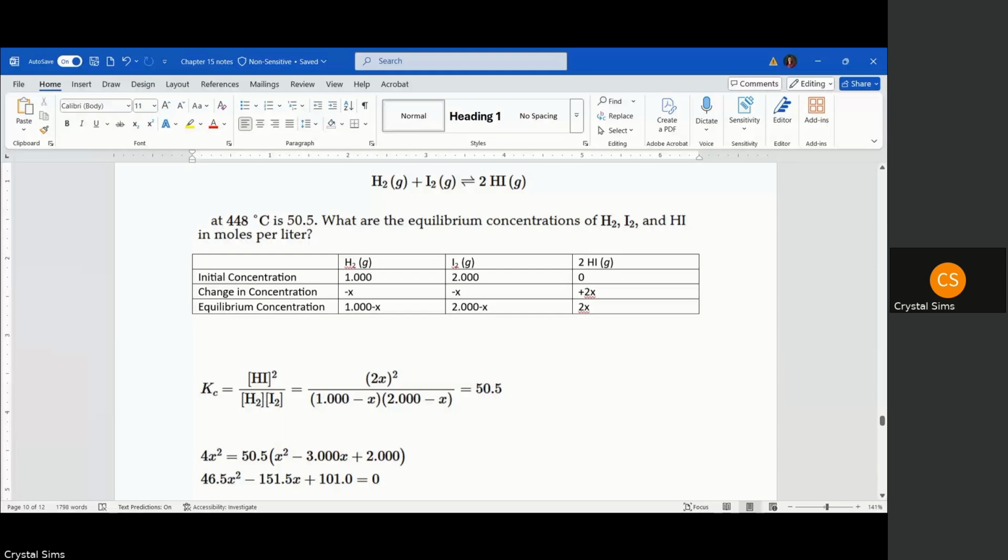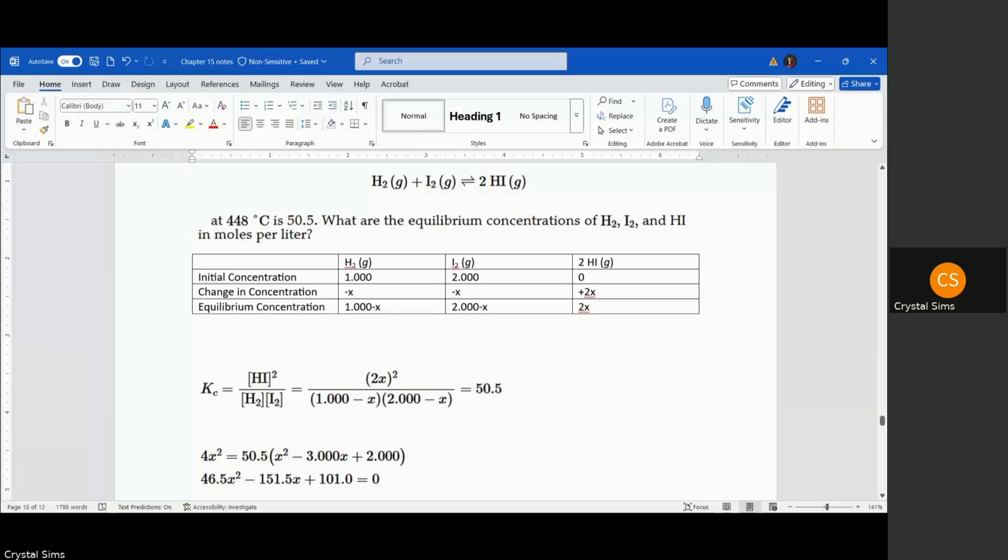So then our equilibrium concentration is our initial concentration minus what we lose, minus X. Okay.